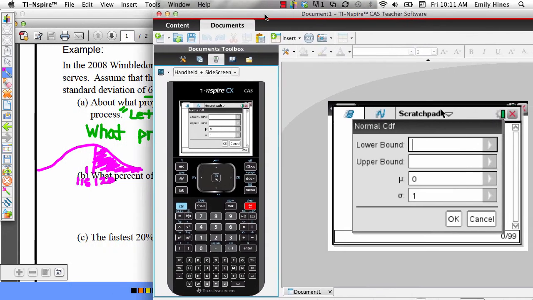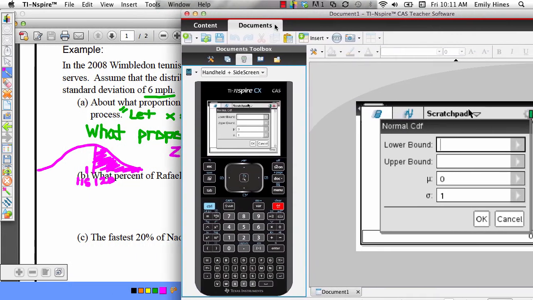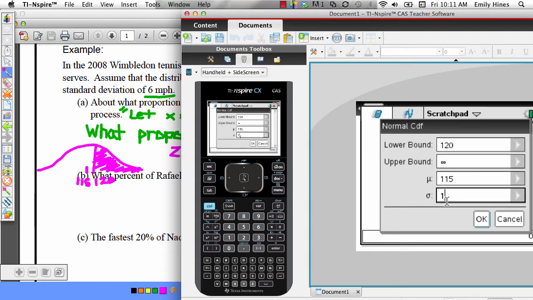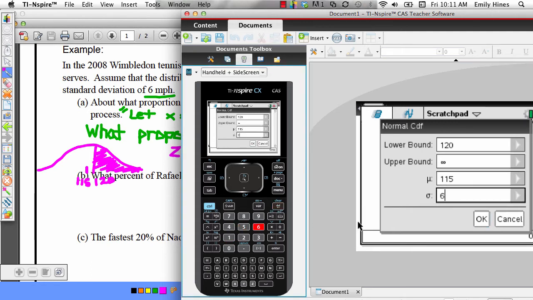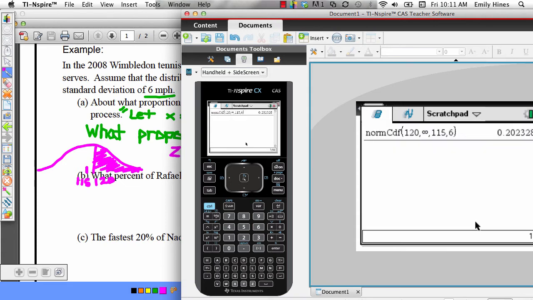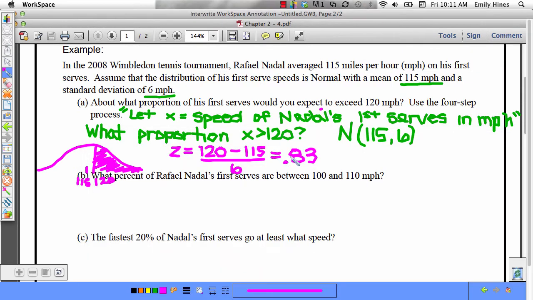So I can use the z-score and get an answer, or I can use my lower bound of 120 and my upper bound of infinity. But if I'm going to use my actual numbers, I have to remember to change my values of the mean and the standard deviation. Then when I hit OK, it gives me 0.2023, about the same number that you would get if you use table A or the z-scores on the calculator.